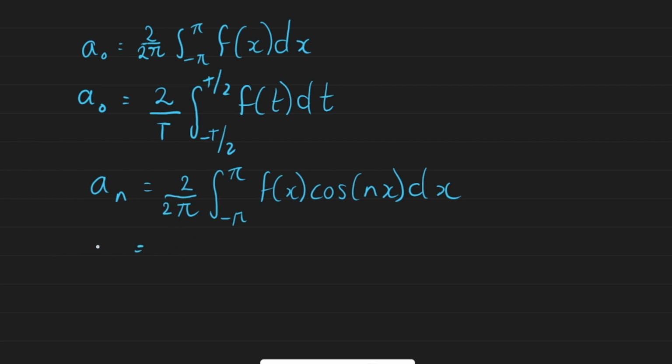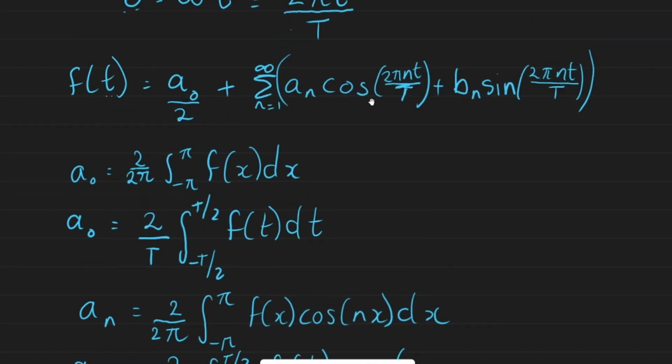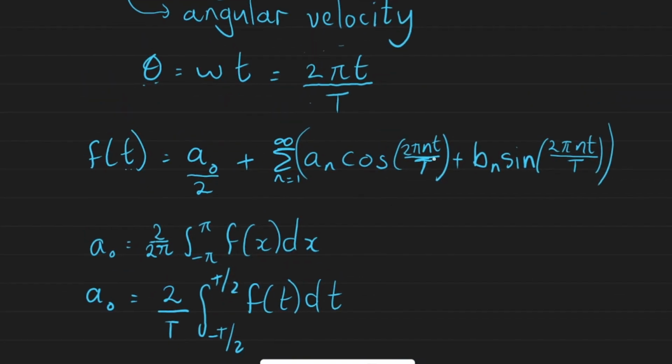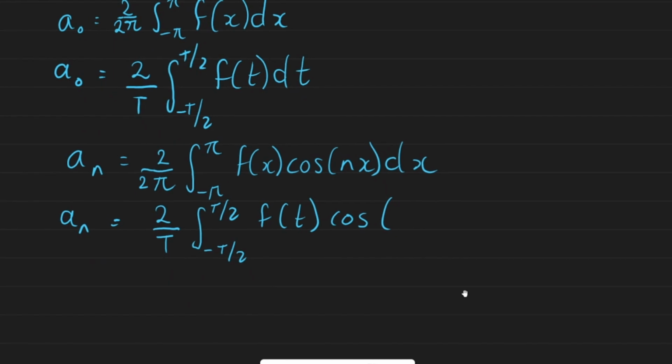So now, in terms of our new variables, 2 over T, integrated from minus T over 2 to T over 2 of f of t cos, now not cos nx, but remember what we said earlier, that we now have cos of theta n, right? So we have 2 pi nt all over T. So that's what we're going to put in, 2 pi nt all over T, and dt.